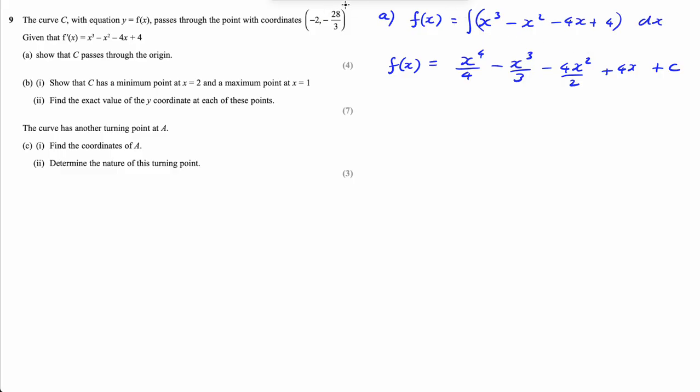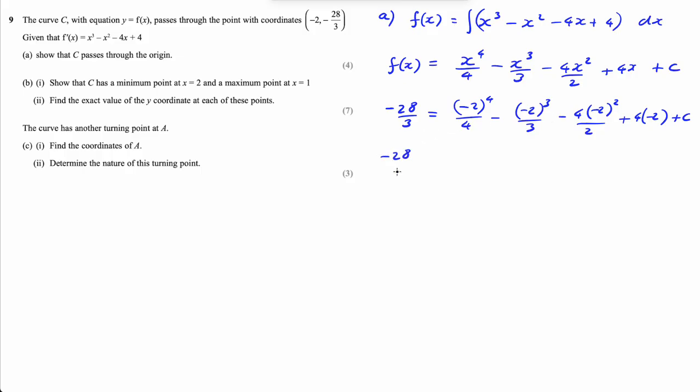We then sub in the y and the x. I'm just going to put negative 28 over 3 equals negative 2 to the 4 over 4, minus negative 2 cubed over 3, minus 4 times negative 2 squared over 2, plus 4 times negative 2 plus c.